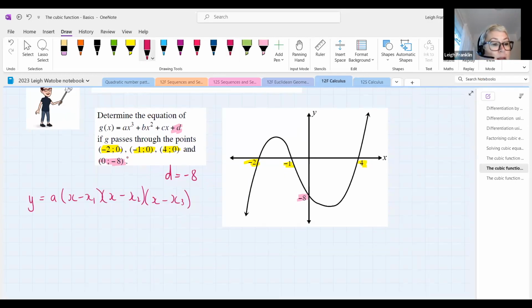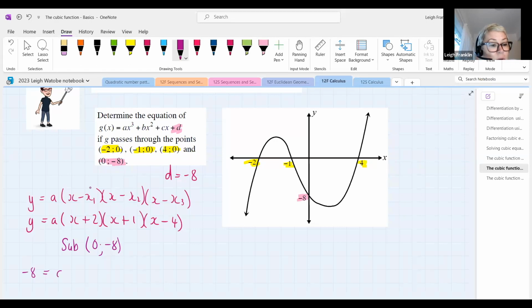We would end up with y equals a times (x plus 2)(x plus 1)(x minus 4). Now we're going to sub in the point 0 and -8. So y is equal to -8 when x is 0.